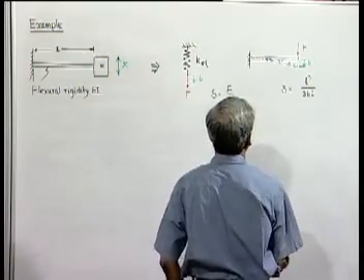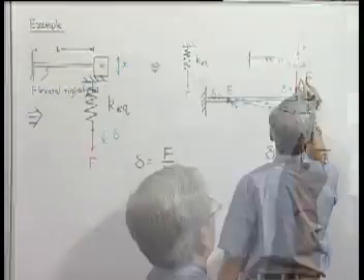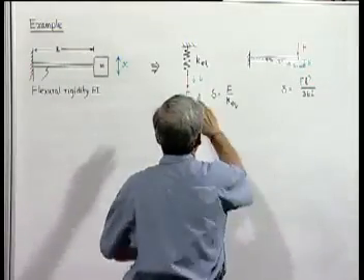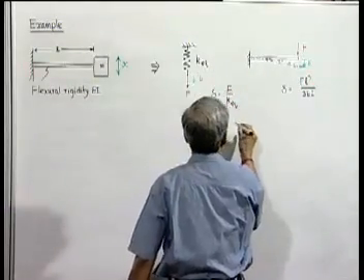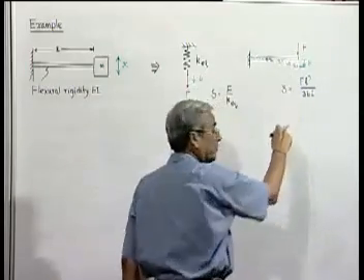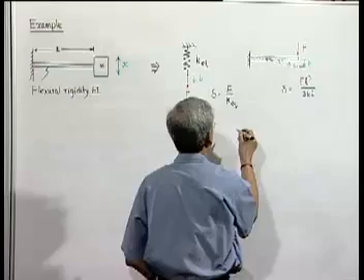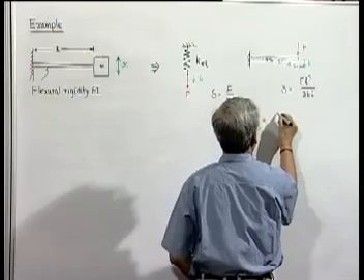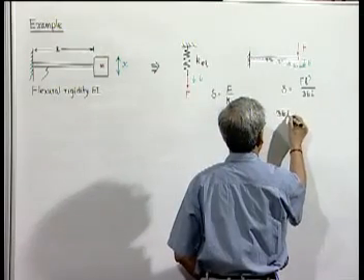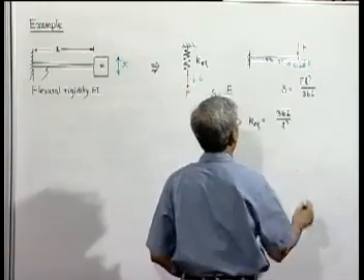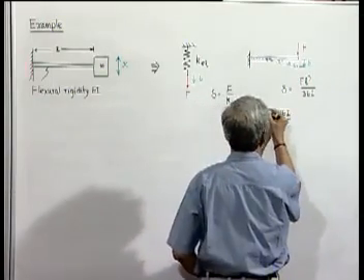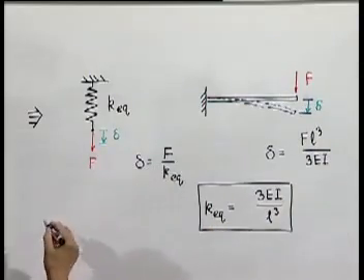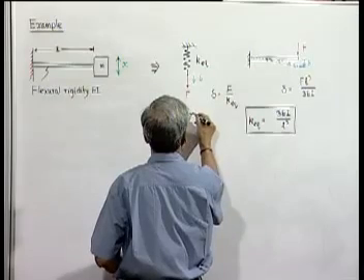So, therefore, if this has to be replaced by this, the deflections at the end because of the same force must be the same. So, therefore, we will get K equivalent is equal to 3 E I by L cube. So this is modeling, and we have now replaced the actual system by a lumped parameter model.